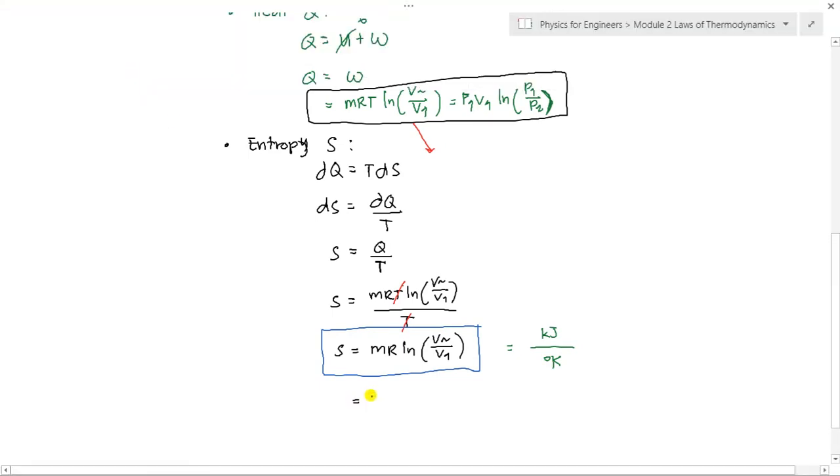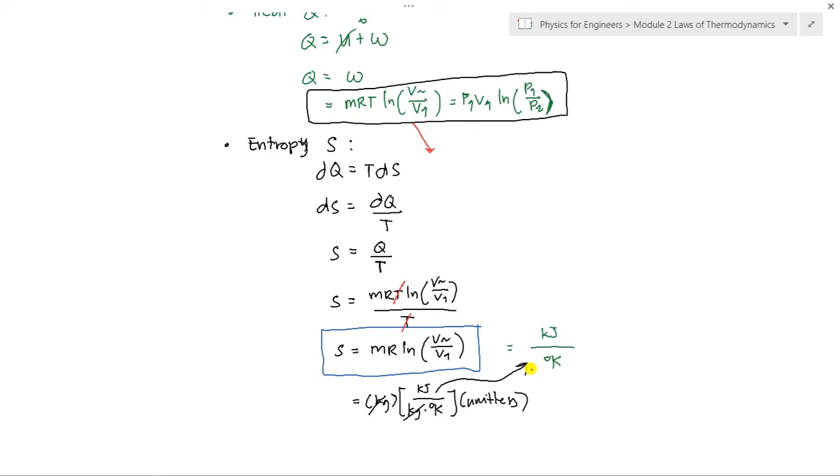In the formula we got, mass is in kilogram, assuming kilogram. The R, the gas constant of a specific working substance, is kilojoules per kilogram degree Kelvin. And this ln V2 over V1 is unitless, so the units cancel, and therefore we have kilojoules per degree Kelvin, which matches the unit for entropy, heat per temperature.